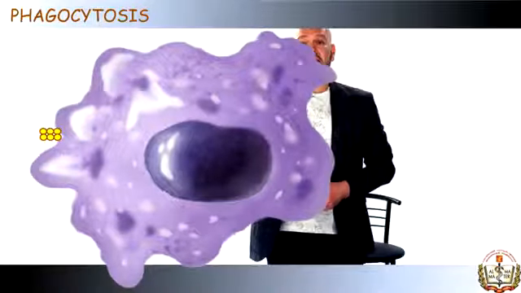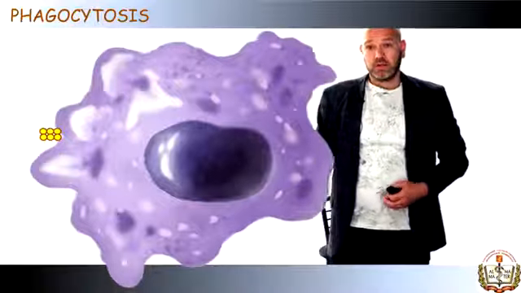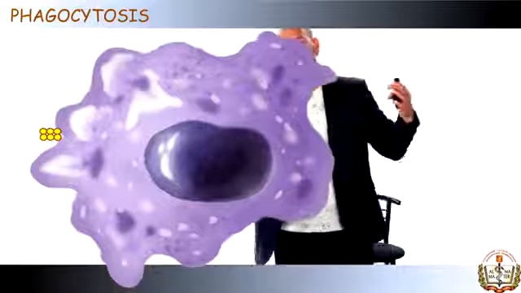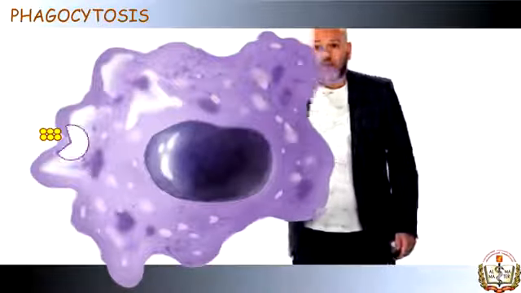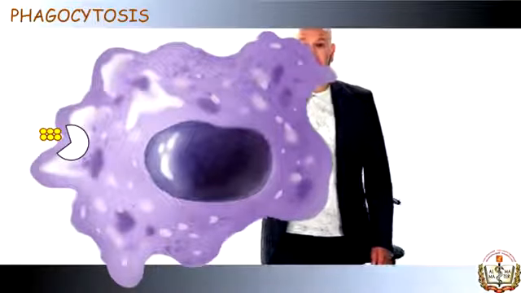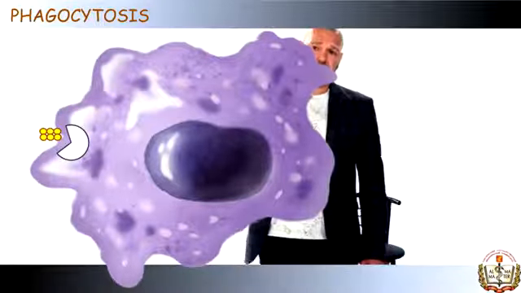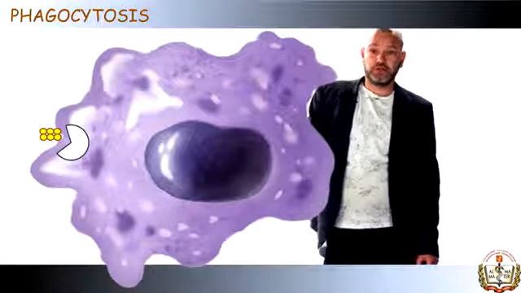Then adherence of the particle to the surface of the phagocyte. To engulf, of course, the phagocyte first needs to catch that microorganism. Sorry, the first stage is chemotaxis and adhesion. The second stage is ingestion of the particle.